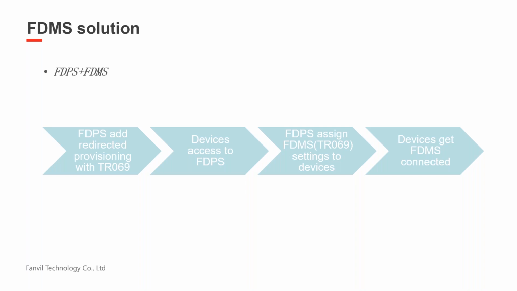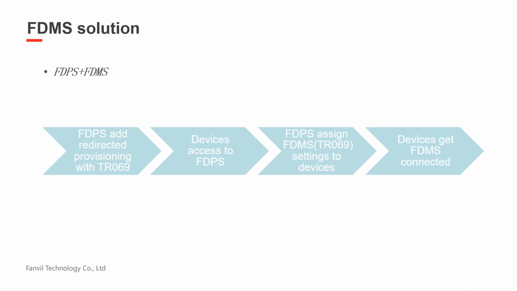And then when the devices first run with the default settings, they will access FDPS, and then FDPS will send the redirected FDMS settings to the device, and then the device will reboot and connect to the FDMS with the assigned configuration. Then they will be done.